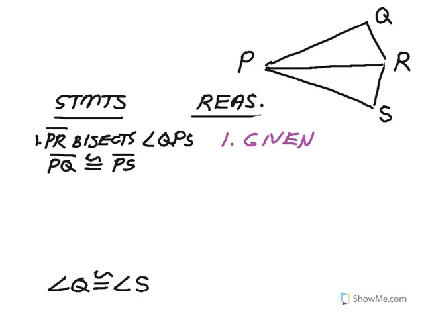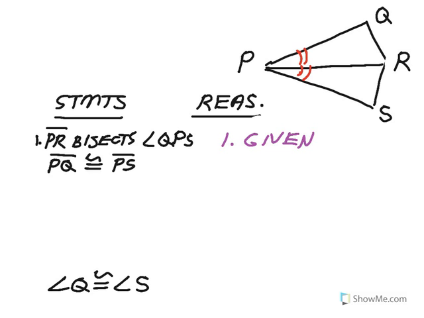In this first one we have two triangles joined with a common side. I put the givens in already right into the proof, and what we're supposed to prove down at the bottom, and we'll just fill in. So I've got that segment PR bisects angle QPS. So that would mean that this angle and this angle are congruent to each other.